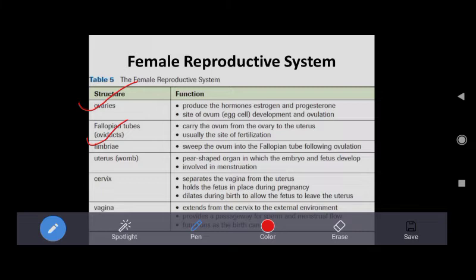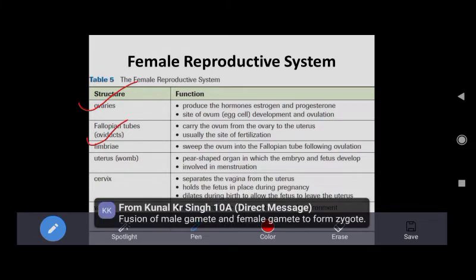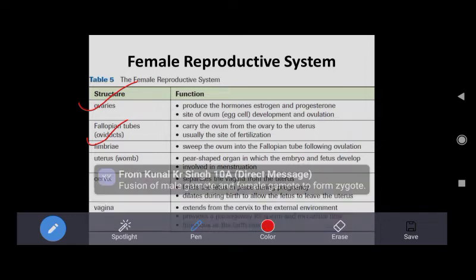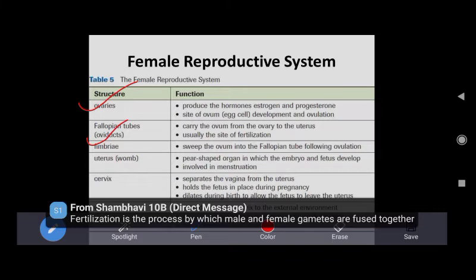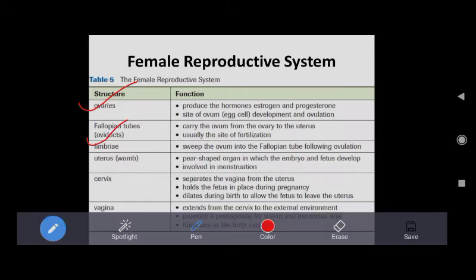This is one of the very important parts of the female reproductive system, because this question has been asked maximum times in the board examination: what is the site of fertilization in the female reproductive system. Now after this you have the fimbriae. Remember students, fimbriae are the projections of the fallopian tube over the ovary. But in class 10 NCERT, labeling of fimbriae is not there, so we will avoid this labeling.